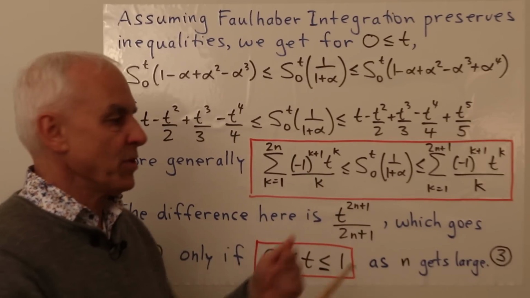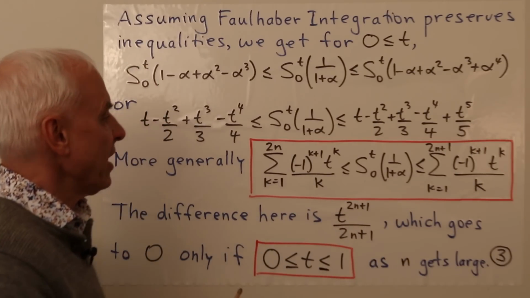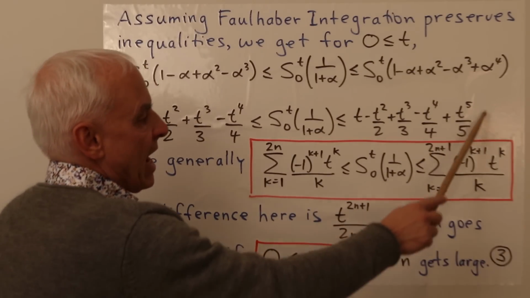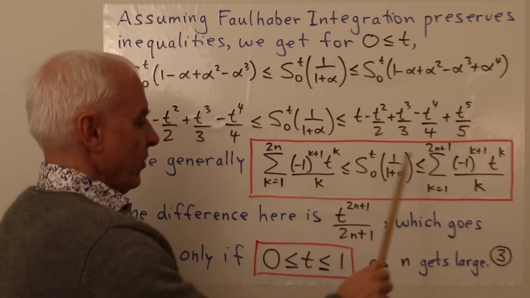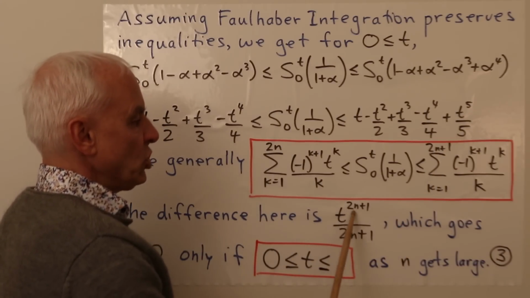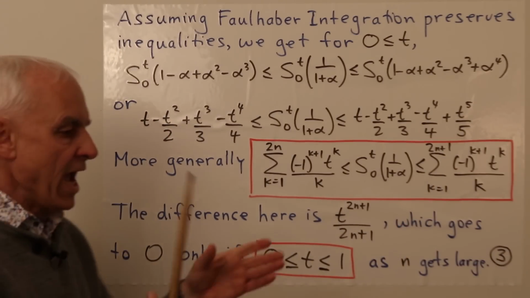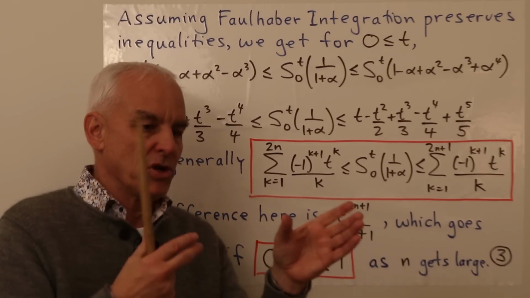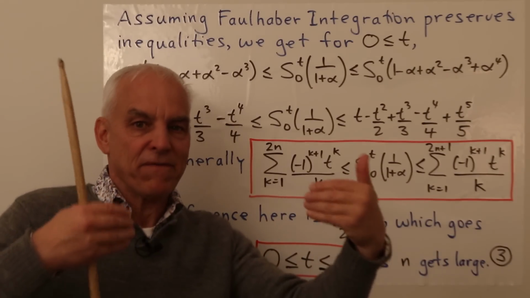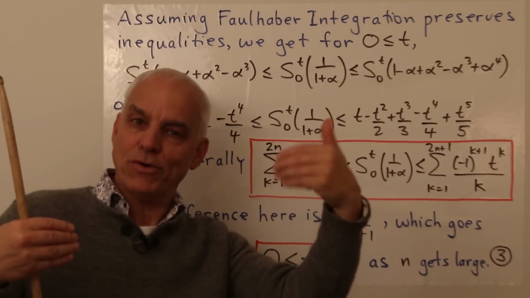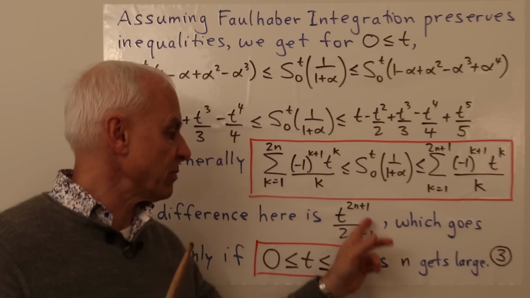So the difference between the right-hand side here and the left-hand side, just like here, is this last term that appears. So that's, in general, t to the 2n plus 1 over 2n plus 1. So we have our integral sandwiched between two things, and we know what the difference between the lower bound and the upper bound is. It's exactly this expression here.